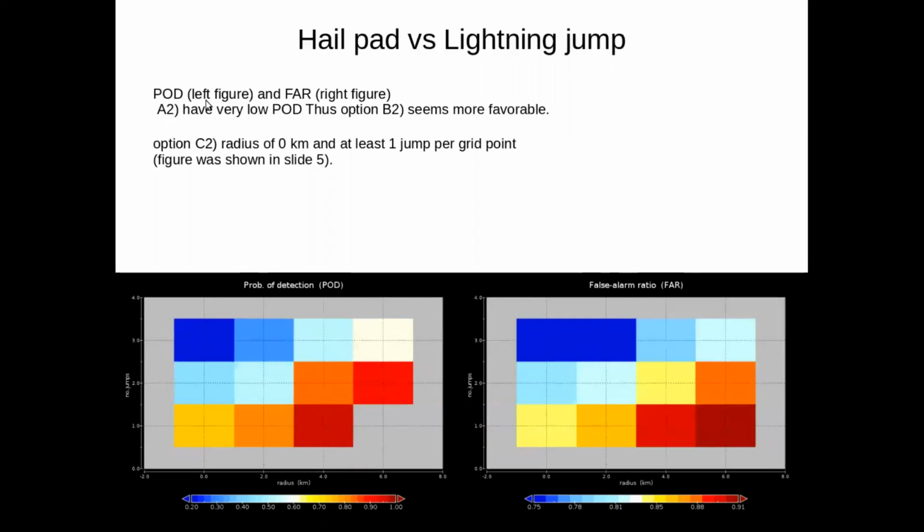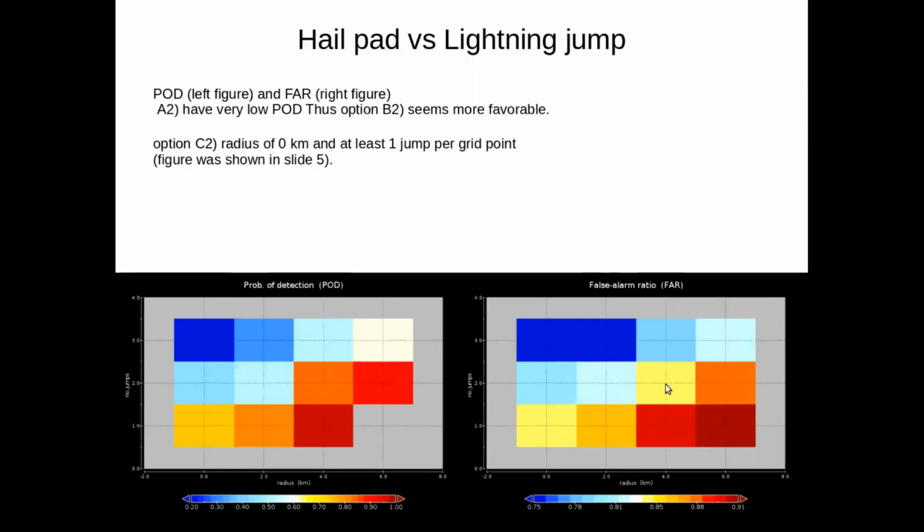Between the A2 and B2 cases, which we just show for the lightning jump, it seems that A2 has a very low probability of detection, somewhere less than 50%, while B2 has a much higher probability of detection, around 85%.